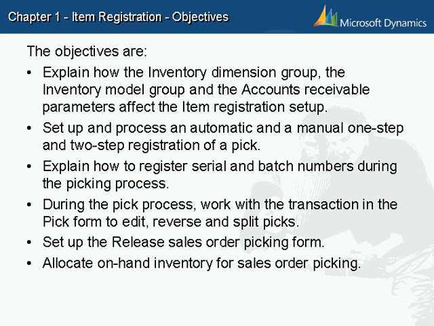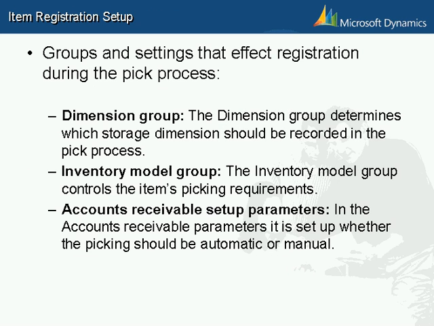Explain how to register serial and batch numbers during the picking process. During the pick process, work with a transaction in the pick form to edit, reverse, and split picks. Set up the release sales order picking form. Allocate on-hand inventory for sales order picking.